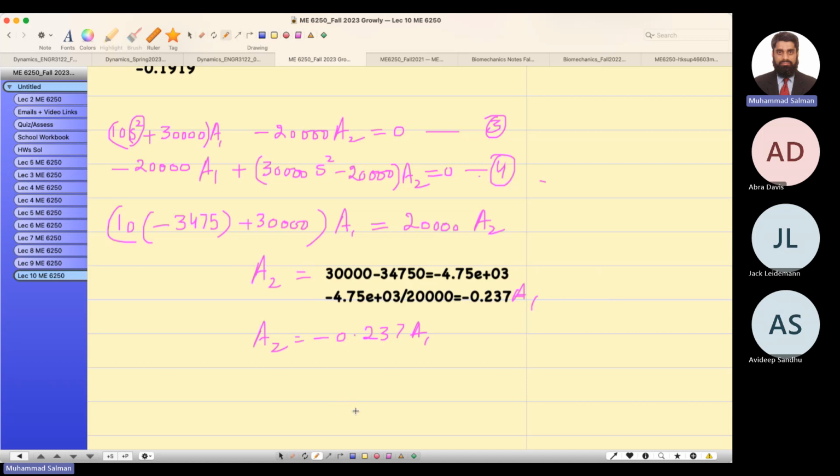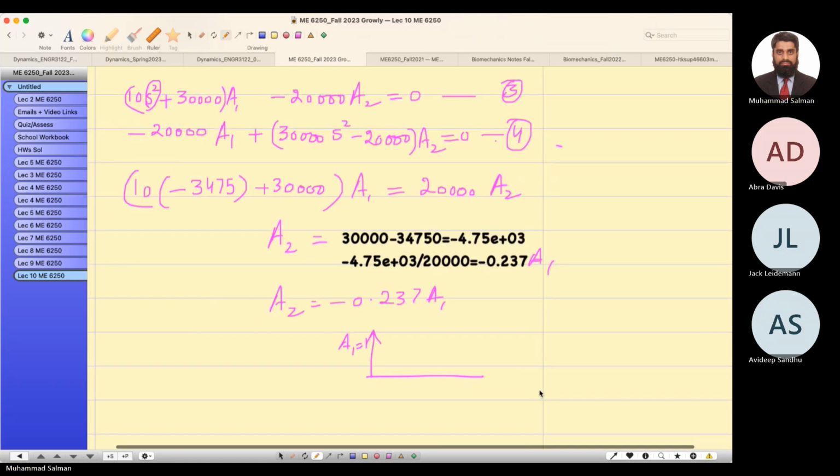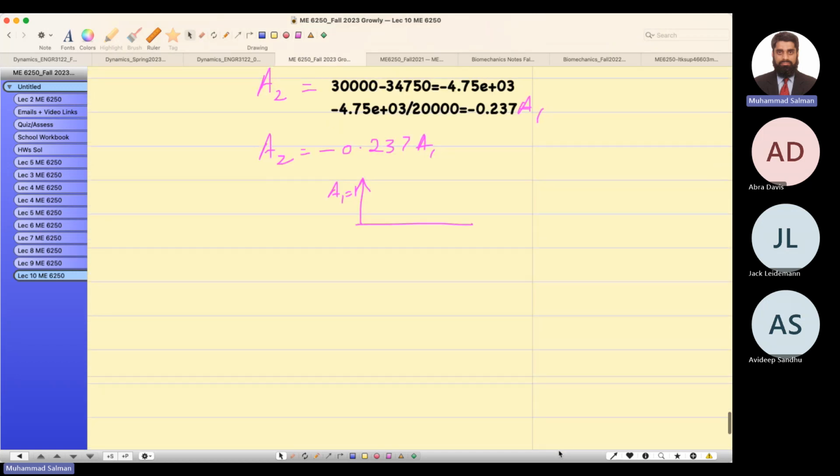And if you want to draw it, first draw A1 equals 1. What is A2? Downward? Yes, you see my point? So it will be downward. How much downward? This is negative 0.237.